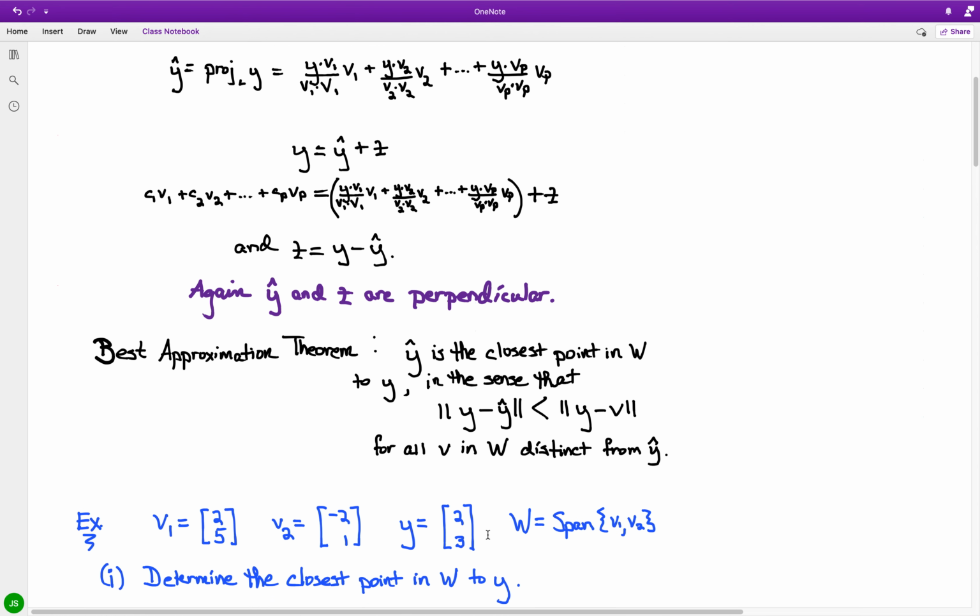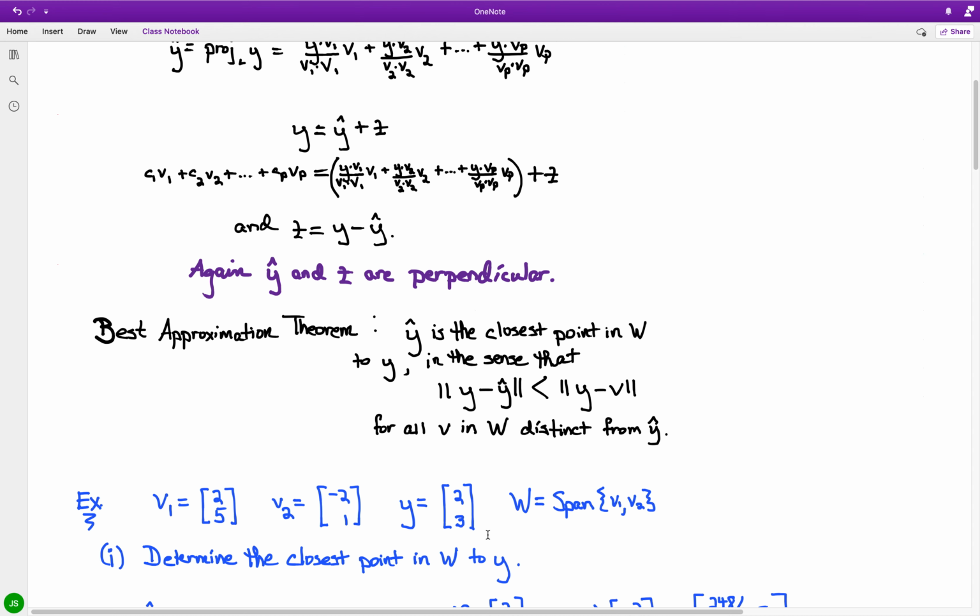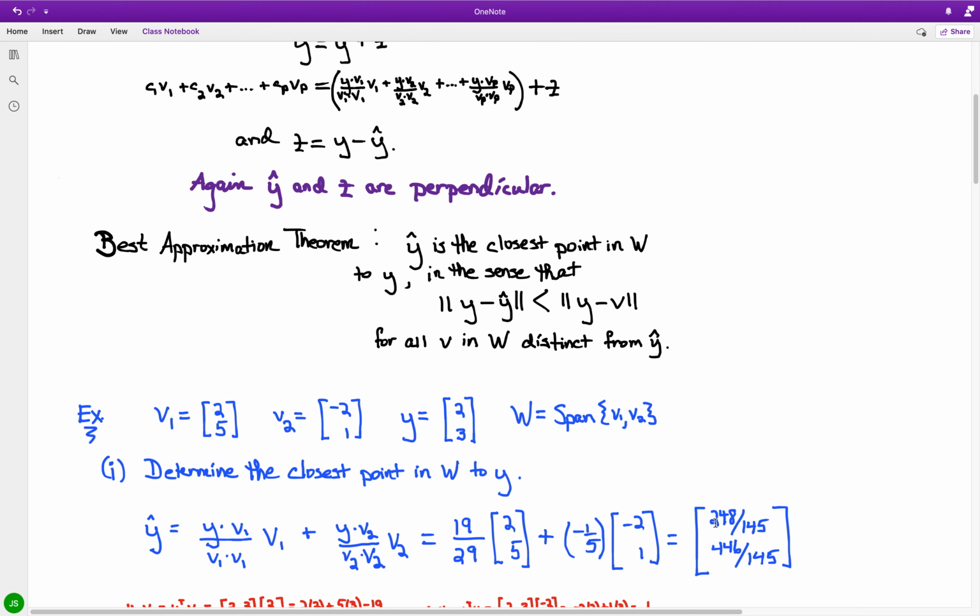Looking at what we have, the projection is regarded as the closest point, and just playing around with an example, you have 2 by 1 vectors. v1 consists of 2, 5. v2 consists of negative 2, 1, and we have y equal to 2, 3.